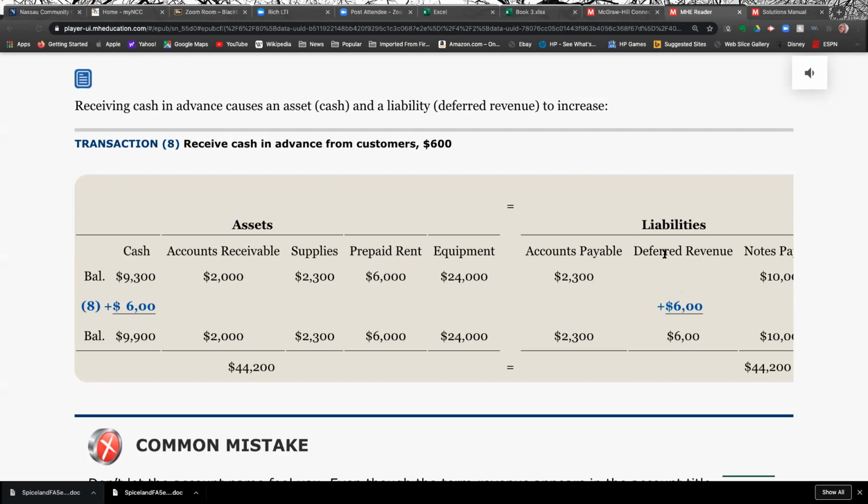But deferred means it's not really revenue yet. The word deferred means later or postponed. This will become revenue later. Right now, what is it? It's a liability. So when the customer pays you in advance, that's a liability.